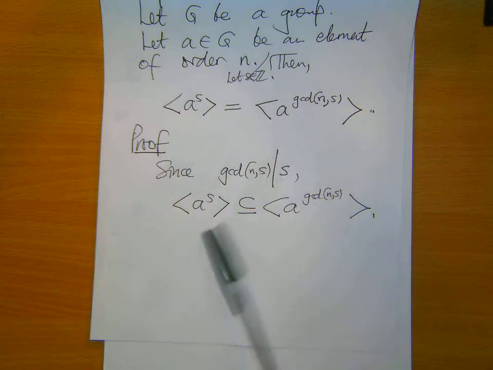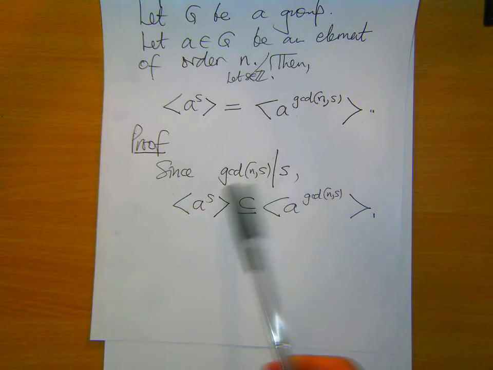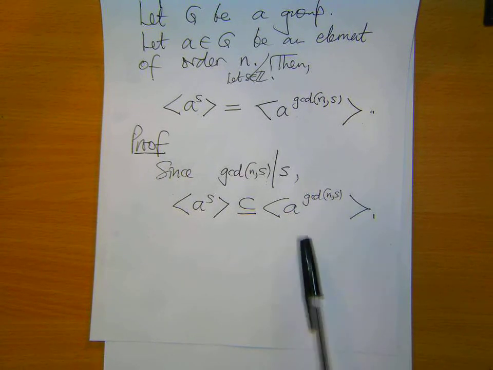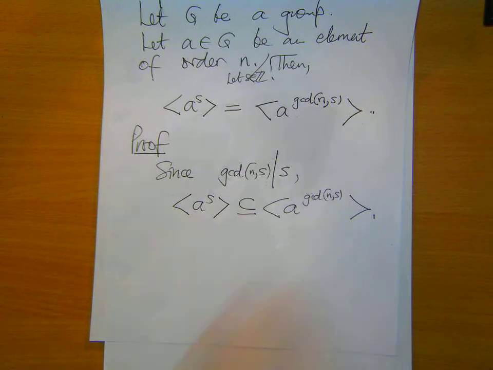Every power of a to the s is also a power of the greatest common divisor, so everything in the left-hand set is also in the right-hand set. I mean, you'd probably want to write one or two more lines down. So certainly the left-hand set is a subset of the right-hand set, but the two sets have actually got the same number of elements.